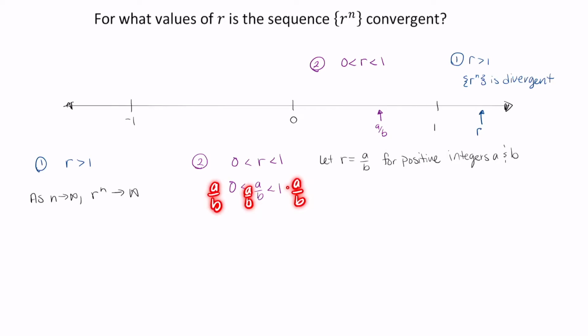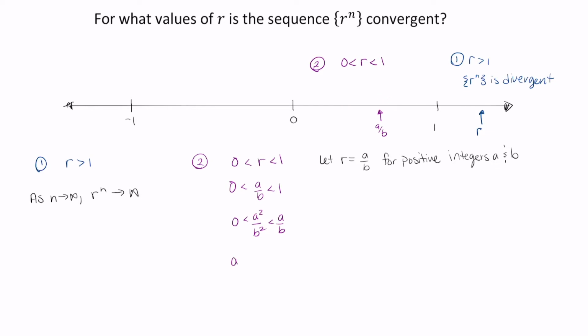Well, what's going to happen? I'll end up with 0 is less than a squared over b squared is less than a over b. So a over b is here on my number line, and a squared over b squared, that is r squared, is somewhere over here.